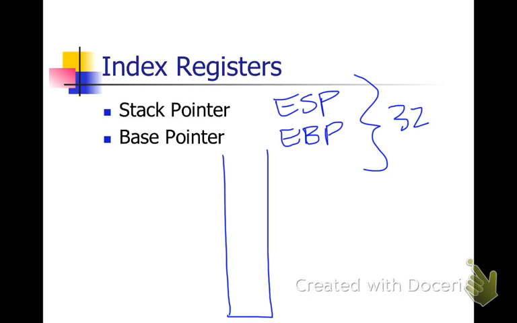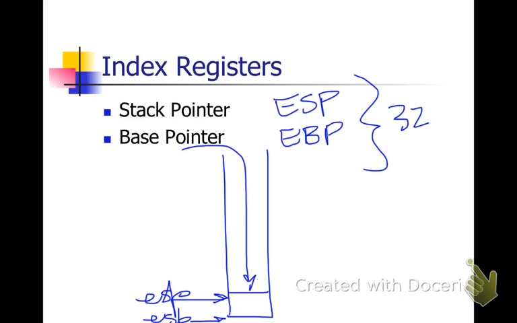So let's say here's our stack. I'm going to have a stack pointer. Maybe it's pointing way down here until I push something on the stack. So the stack pointer is always pointing at the top of the stack as data is pushed or popped from the runtime stack. We'll talk more about this later. In fact, we'll talk more about both of these.